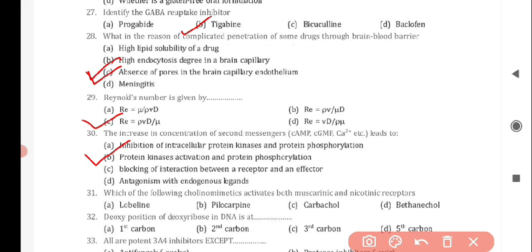Next question is which of the following cholinomimetics activates both muscarinic and nicotinic receptors? And the correct answer is option C, carbachol.